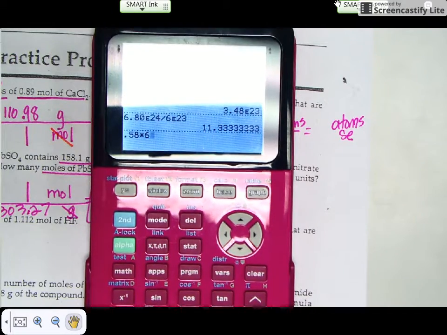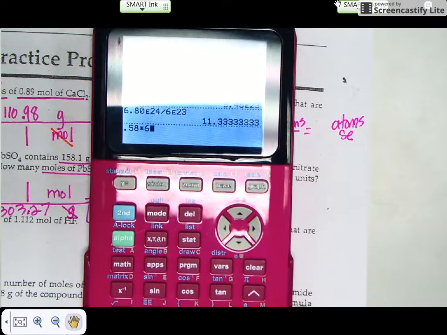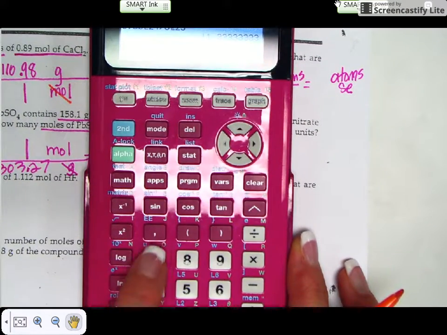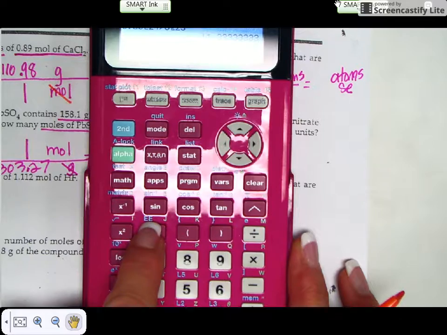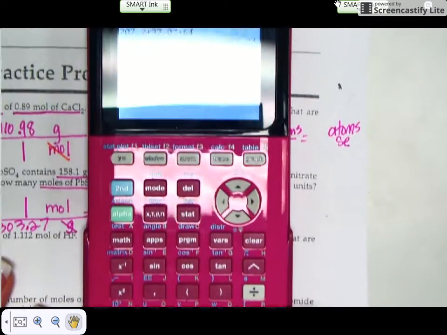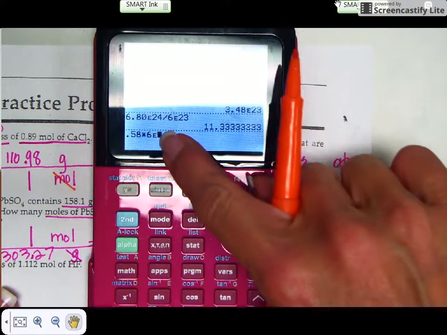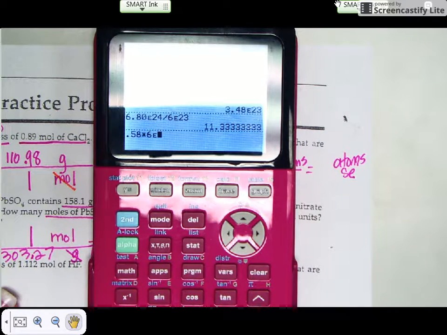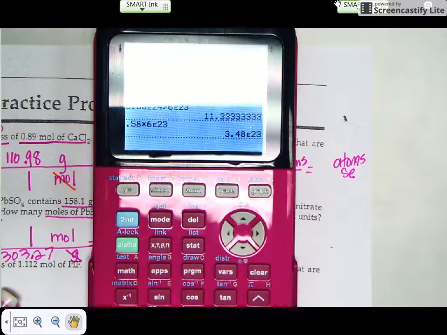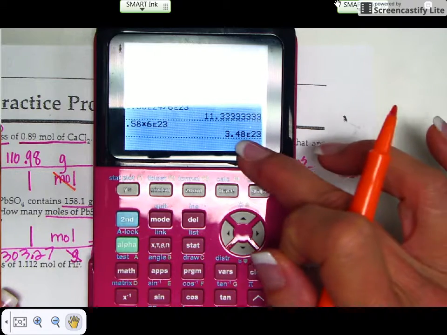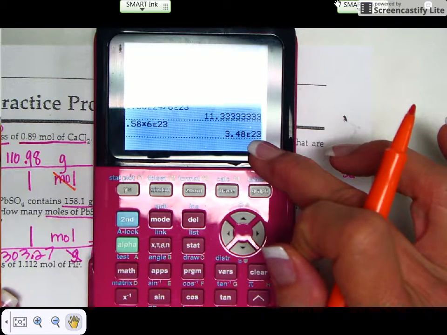You have a special key for the scientific notation, and on my calculator I hit second comma, because notice I have my EE. I need to access the scientific notation function. So I'm going to hit second and comma, and notice this little E pops up. That means times 10. And now you're going to do your exponent 23. When you press enter, you get 3.48 e to the 23rd. That means your answer is 3.48 times 10 to the 23rd.